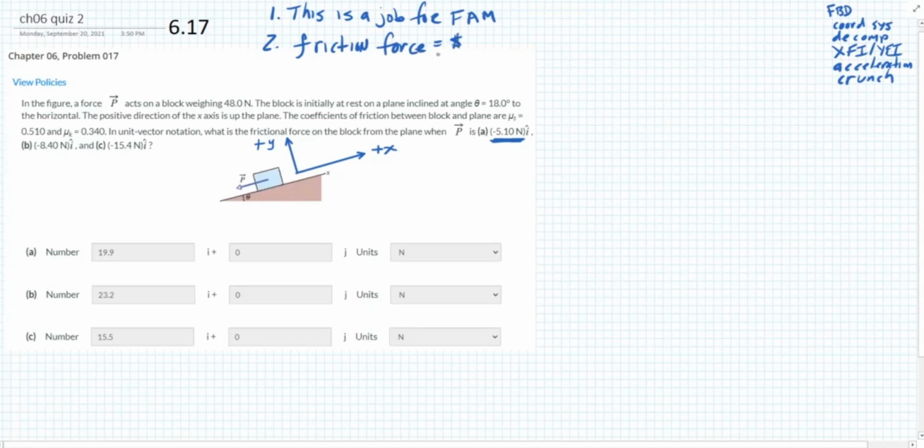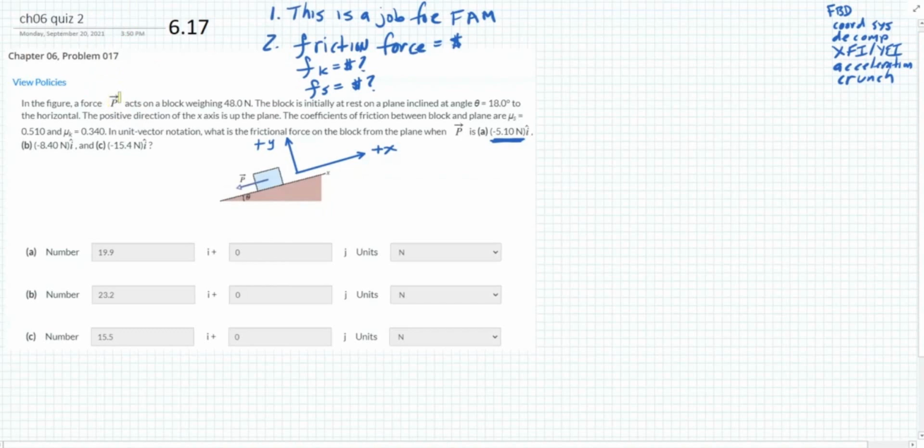So now my question is, when I read that, it says, what is the frictional force acting on the block from the plane? If they're asking me to find out the friction force, are they talking about kinetic friction or static friction? And the answer is, I don't know. So I'm going to read through the question again.